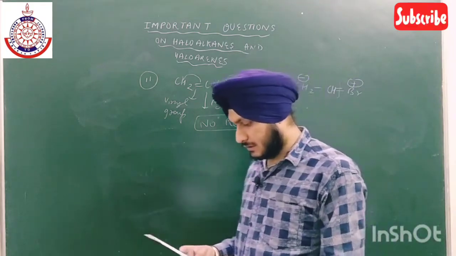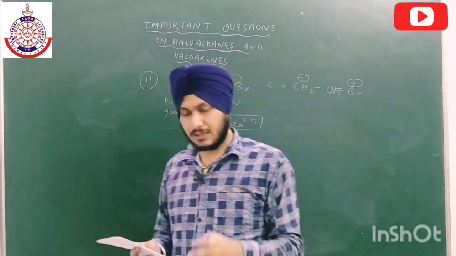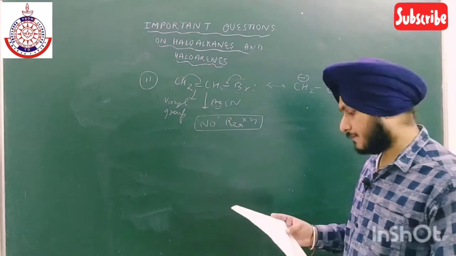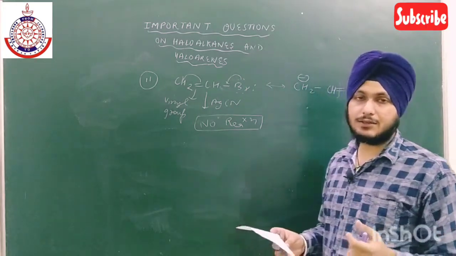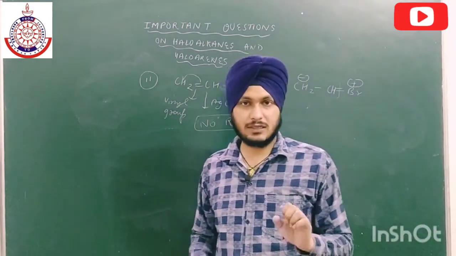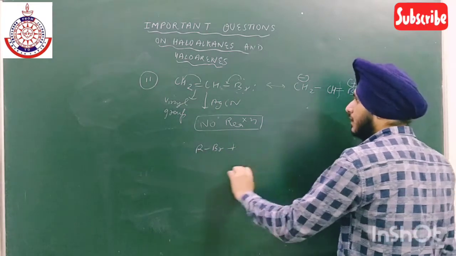So the next question is one more question which I have already explained to you: haloalkanes react with KCN to give alkyl cyanides as the main product, while AgCN forms isocyanide. This is our 12th question.